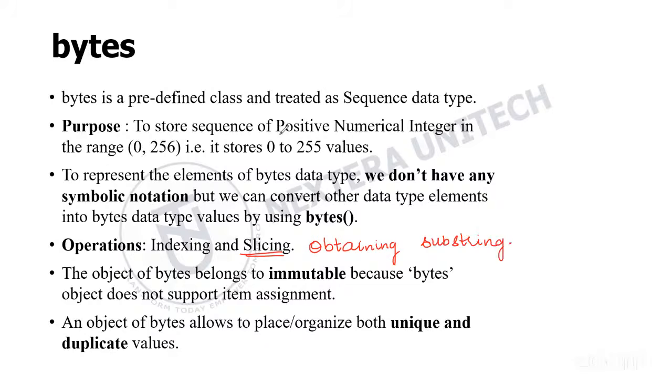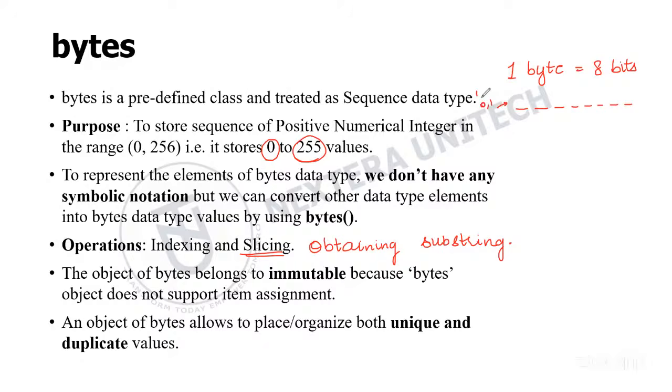So you may think, why only 0 to 255 in your bytes, right? It is because, as we learned in the first class, 1 byte is equal to 8 bits. When you take 8 bits, in each place you will fill zeros and ones.